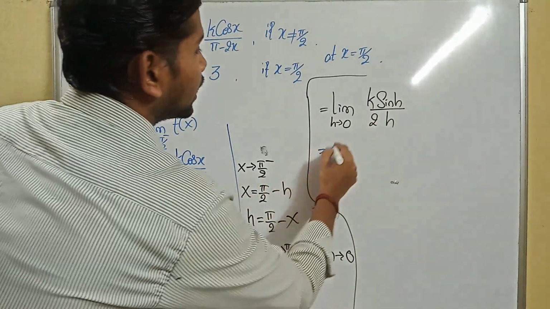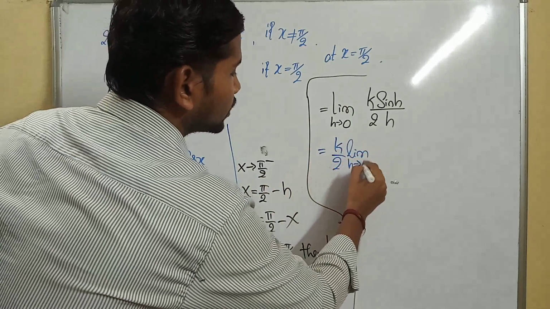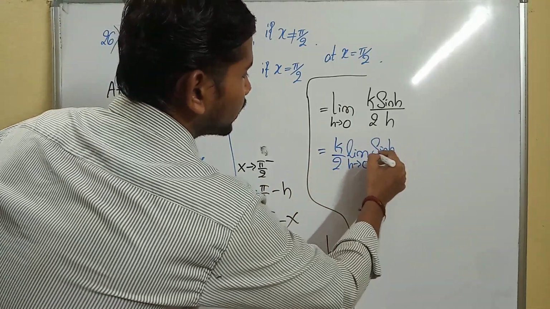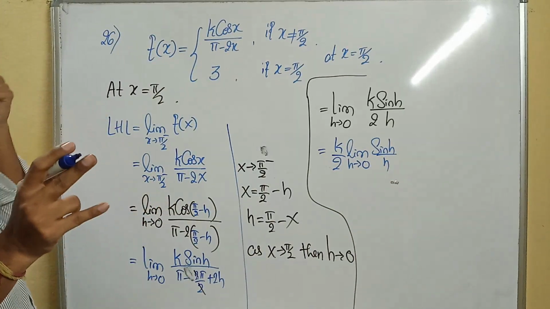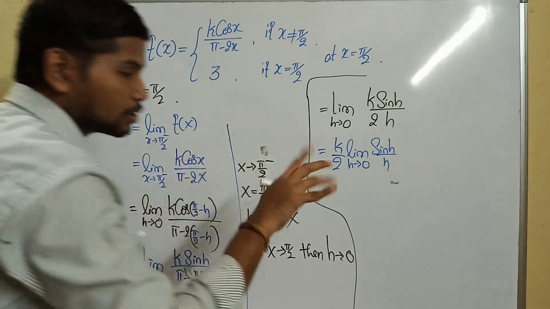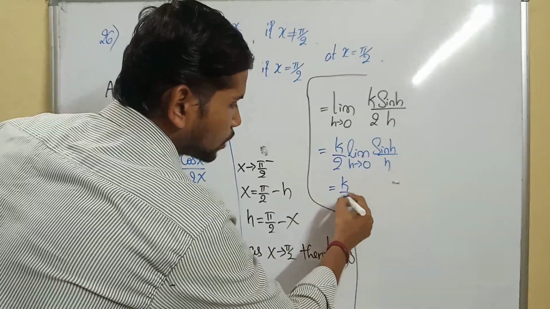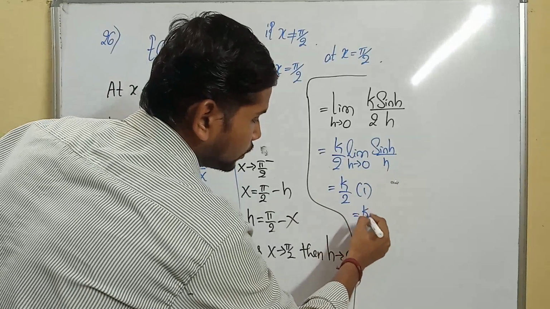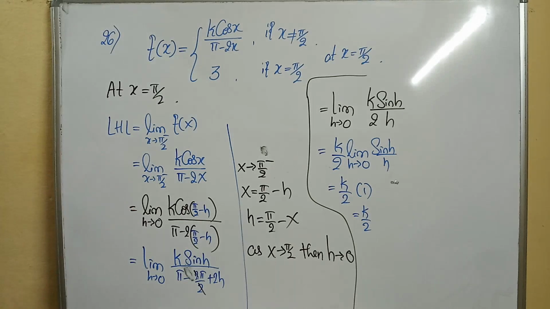I'd like to write k by 2 outside the limit because it is a constant, limit as h tending to 0, sin h by h. We already learnt it. Sin theta by theta, theta tending to 0 is 1. Sin h by h, h tending to 0, its value will become 1. That's why k by 2 into 1 is k by 2. Got it? Any doubt? Okay, I got the LHL value.